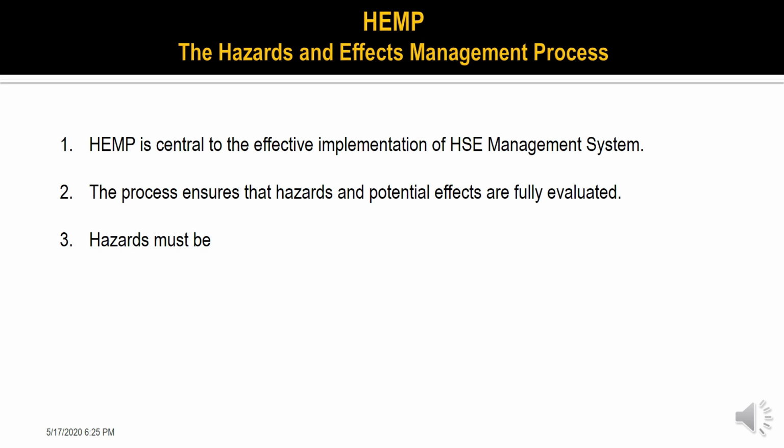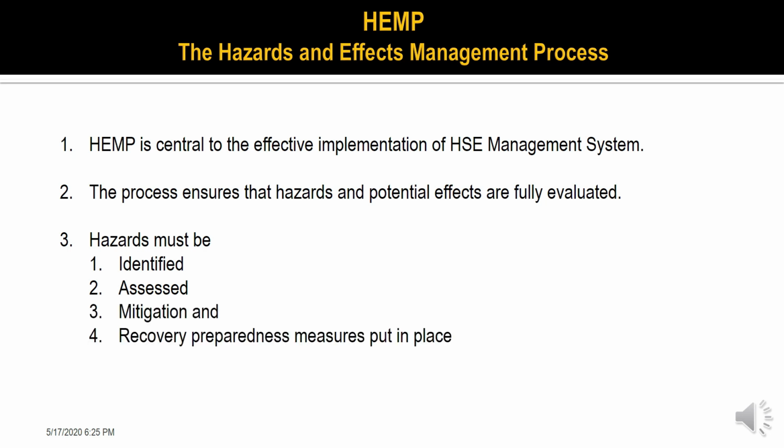During this process, all the hazards in the business will be identified and assessed, and mitigation measures and recovery preparedness measures put in place. Once the HEMP is completed properly, you can be very sure your business is going to operate safely.